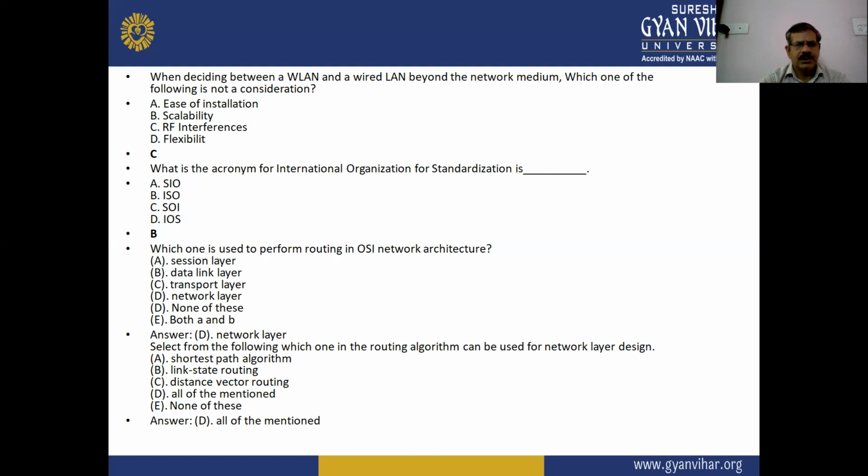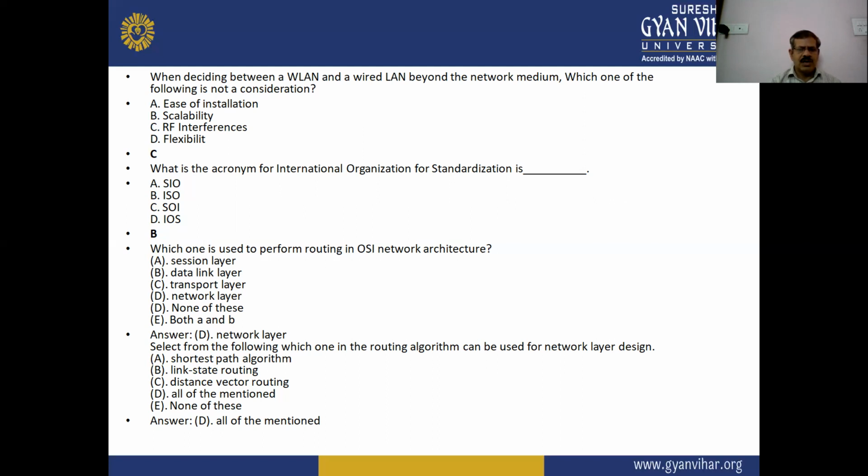The next question: select from the following which routing algorithm can be used for network layer design. Option A, shortest path algorithm; B, link state routing; C, distance vector routing; D, all of the mentioned.